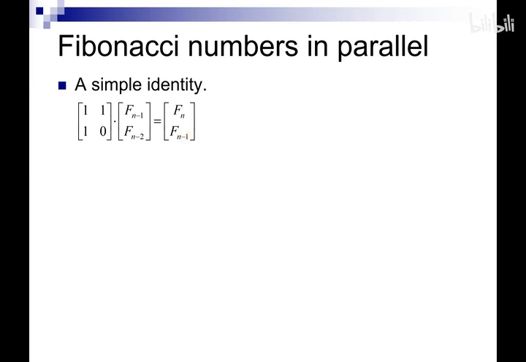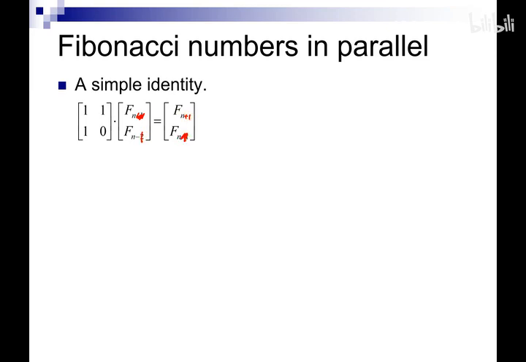So what this shows is that you can go from 2 consecutive values of the Fibonacci sequence, and if you multiply it by this matrix here, then you get the next 2 consecutive values. And if you multiply by this matrix again, so now if you take f of n and then f of n minus 1 here, then you're going to get the next 2 values.